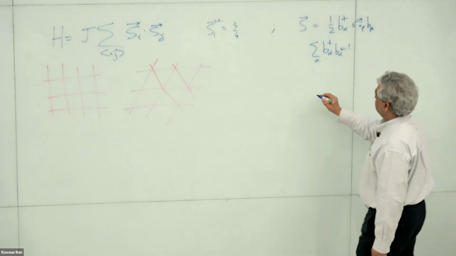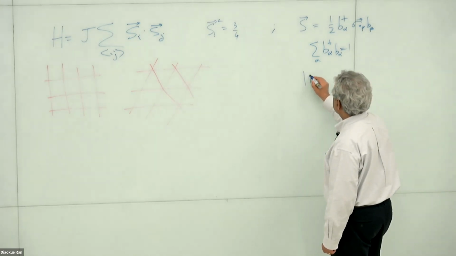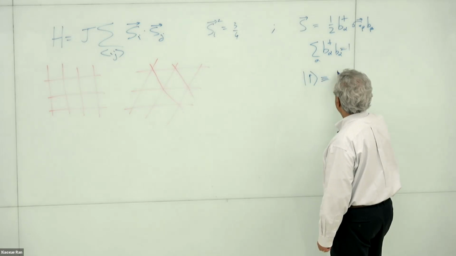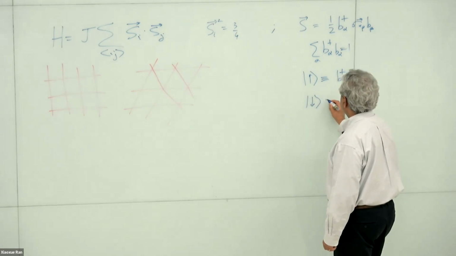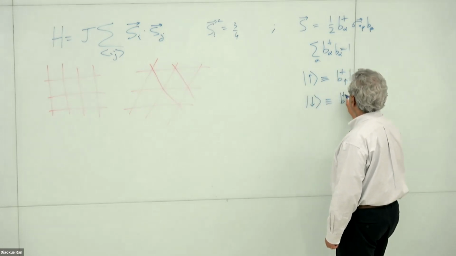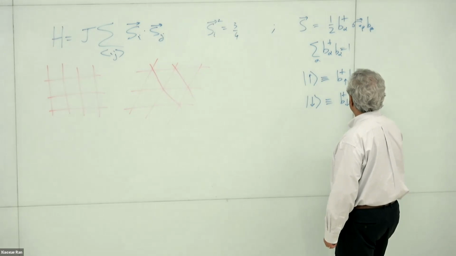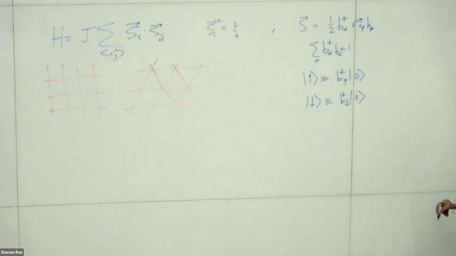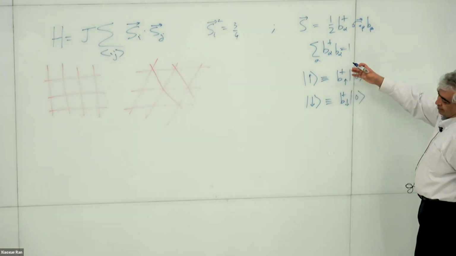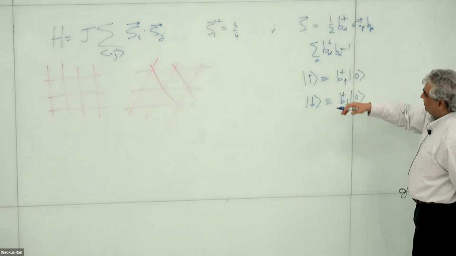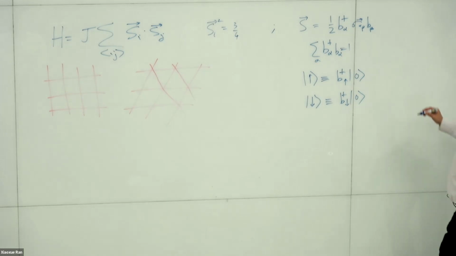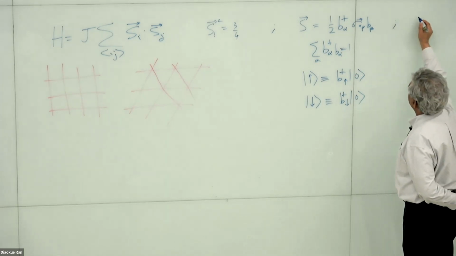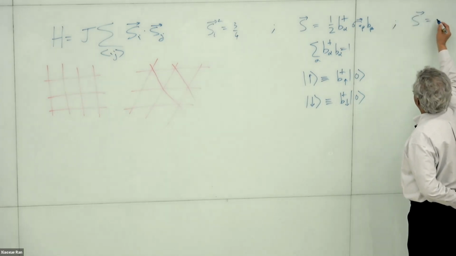So this means there are two states. The spin up state is the same as adding the Schwinger boson with spin up on a boson vacuum. And the spin down state is the same as adding the Schwinger boson with spin down on the vacuum. Now, because the number of bosons on each site is 1, these bosons can't really move. They can only flip their spin. You could equally well, and everything would be exactly the same, write them in terms of fermions.